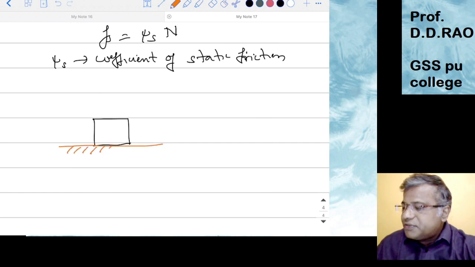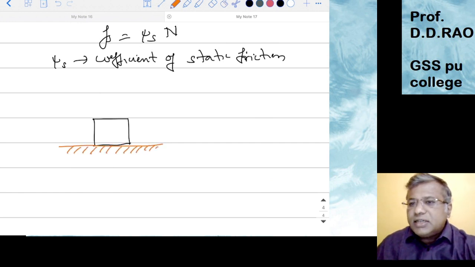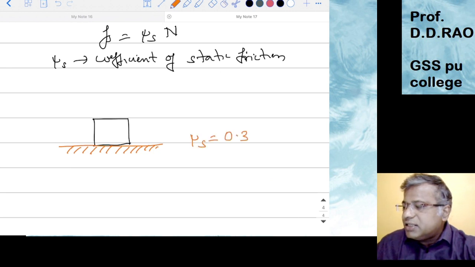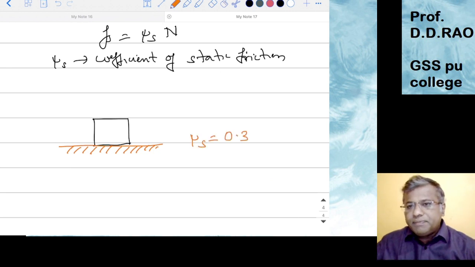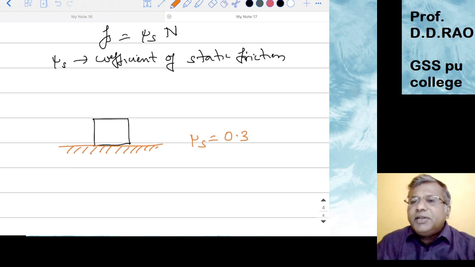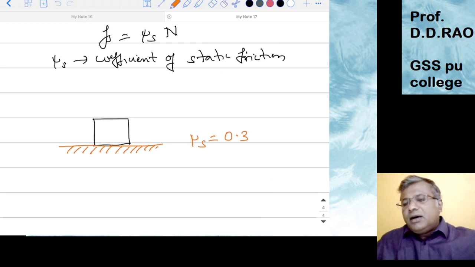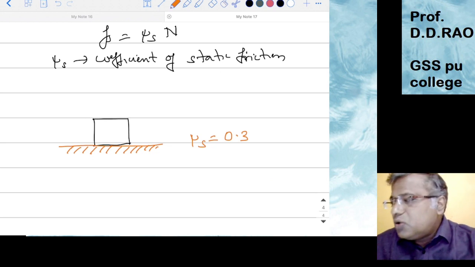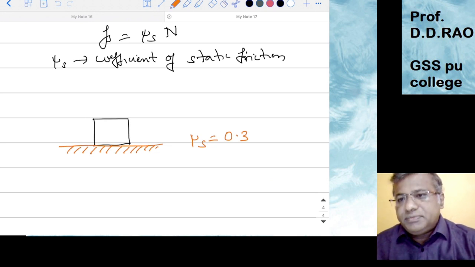Say this is a rough surface, and on this rough surface the coefficient of static friction is 0.3. It's a ratio. Between tire and road it will have a different value, and between table and floor it will have a different value, so it depends. Let us say for example that between the object and this particular surface the coefficient value is 0.3, right?